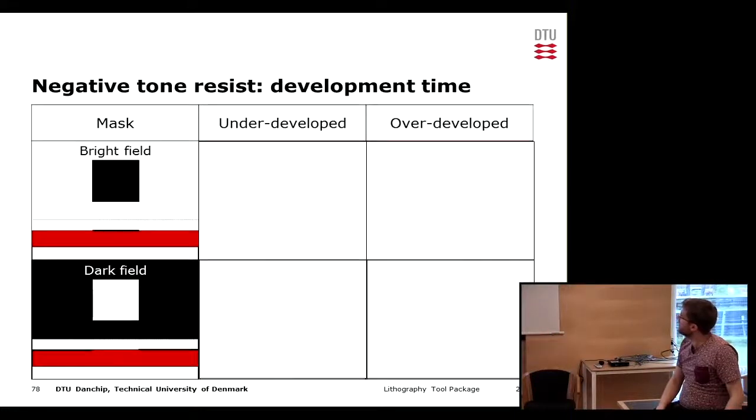Okay, the last one we have is the development time. So if we take the bright field design and we give it a perfect dose, so we expect the hole in the resist pattern layer to be a nice square, perfect size, and then we just don't develop enough time, what would happen?